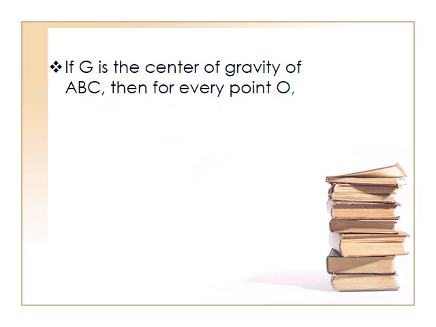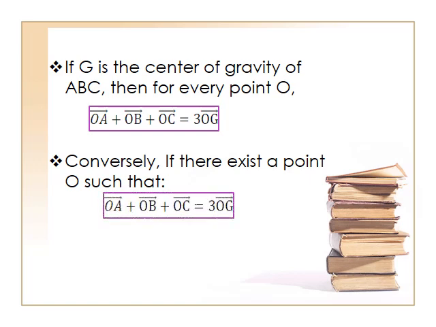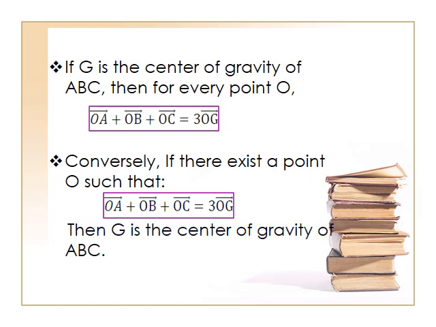If G is the center of gravity of triangle ABC, then for every point O, we have OA plus OB plus OC equal 3 OG. Conversely, if there exists a point O such that OA plus OB plus OC equals 3 OG, then G is the center of gravity of triangle ABC.